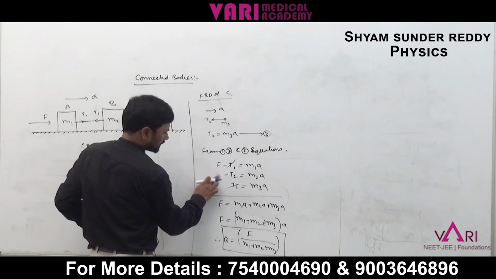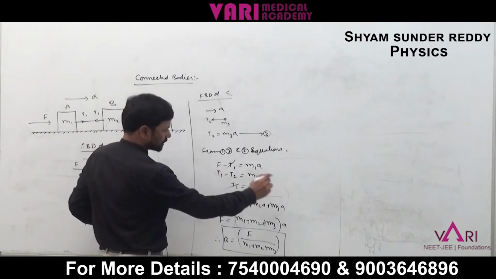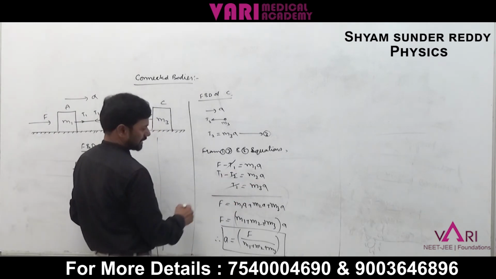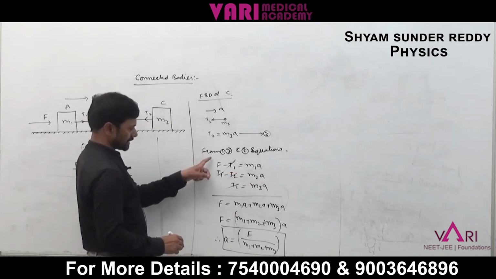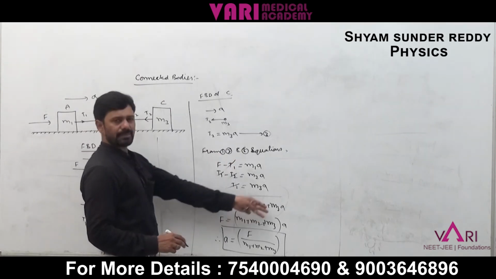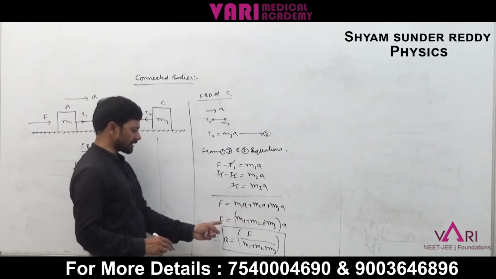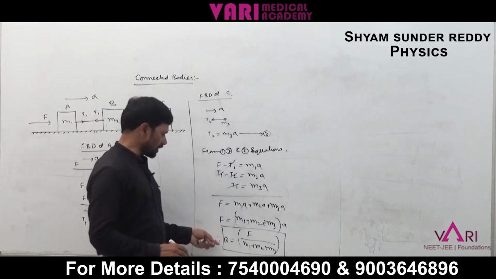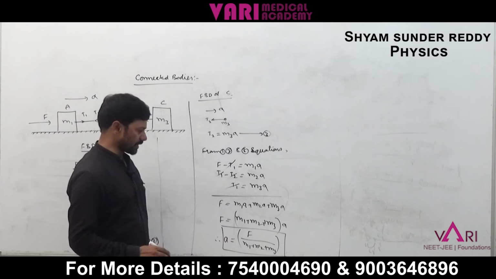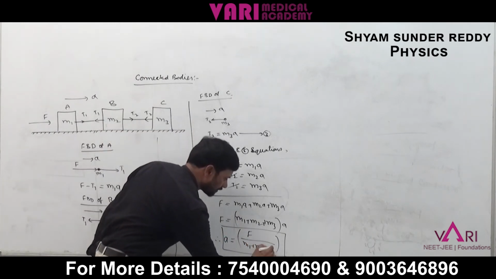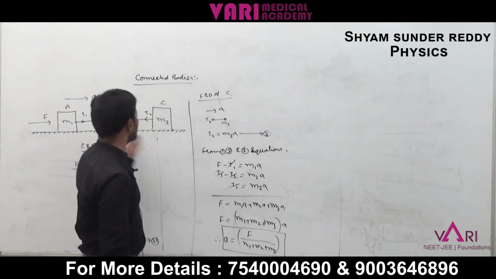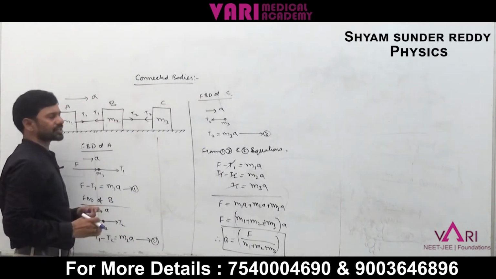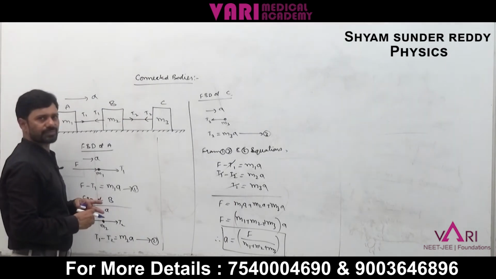T2 gets cancelled, then F is equal to M1A plus M2A plus M3A. A is common, so F is equal to M1 plus M2 plus M3 into A. Therefore, A is equal to F by M1 plus M2 plus M3. This is the acceleration of the system when it is moving in the forward direction when we apply the force F with some velocity.